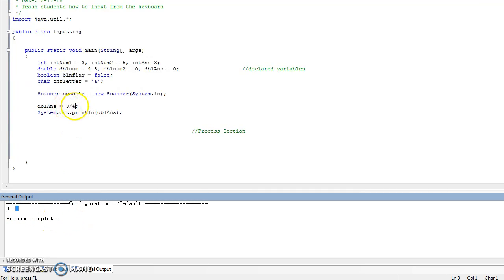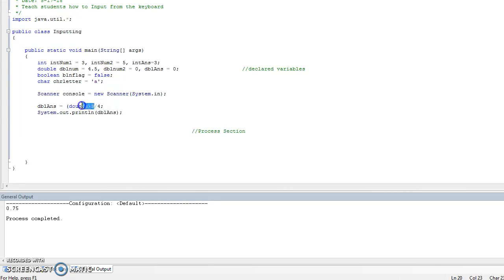We have an integer divided by integer gives us an integer. So let's say, again, I could change this to 3.0 or 4.0, no problem. Or I could just typecast this. What this does is say, hey, convert 3 to a double temporarily, and then go ahead and divide. Now let's run this. So 3 gets converted to a double, then 4 gets converted to a double by the computer.